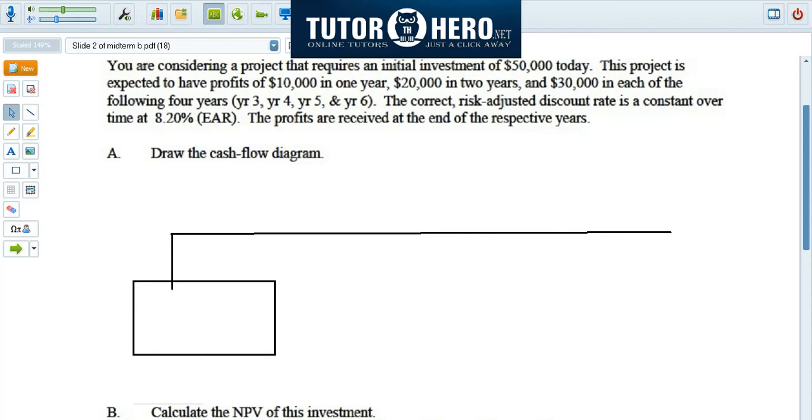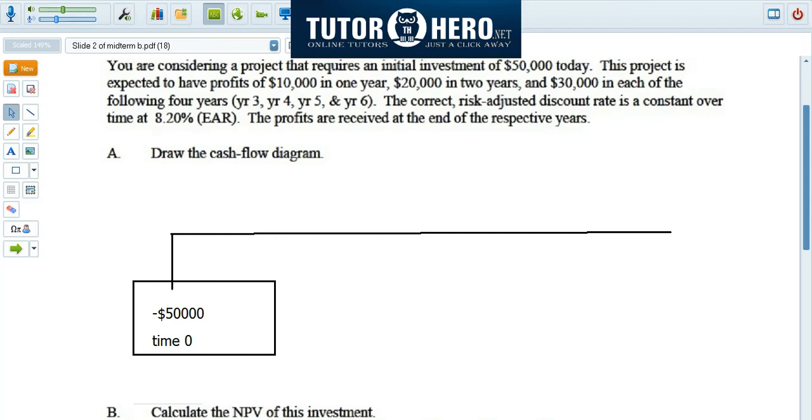Let me type this in: minus $50,000. That's at what we often call time zero, or today. So that's the first cash flow that occurs in this problem: you spend $50,000 on the investment. We're going to draw that below the line to indicate that it's negative. We also wrote a negative in front of it just in case we forgot that.